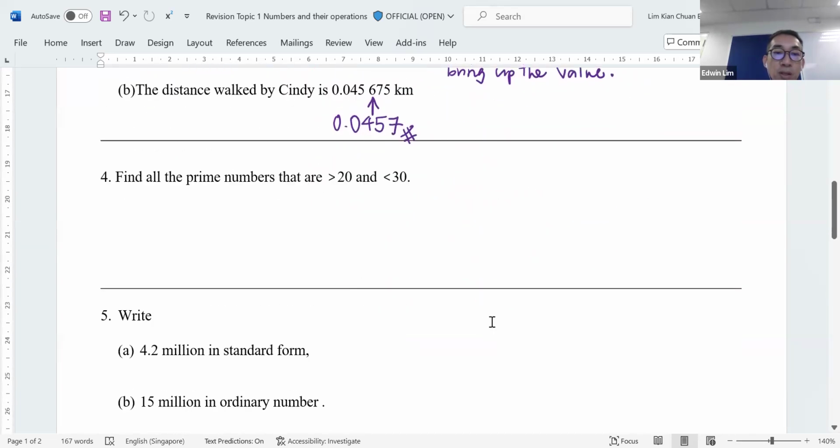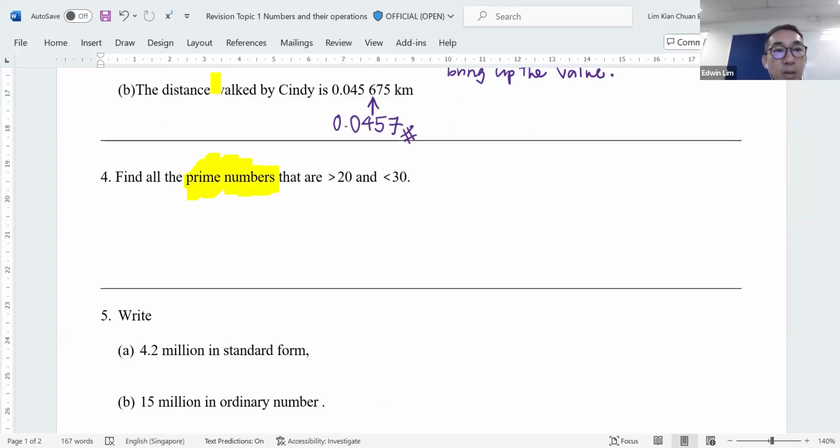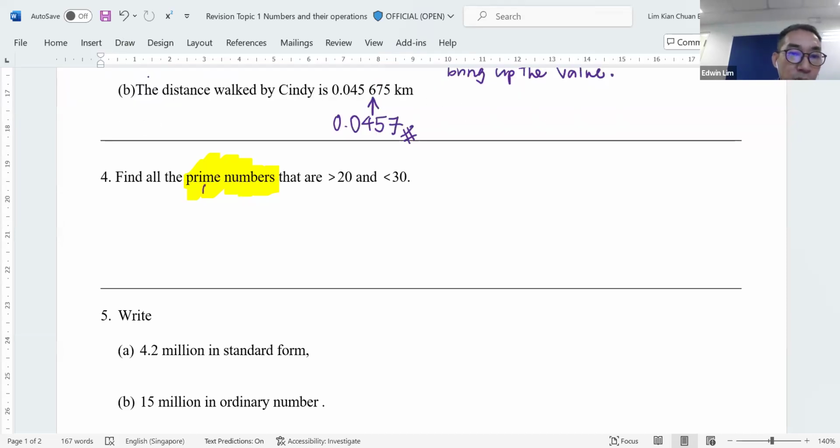Hope I'm not going too fast. Find all the prime numbers that are greater than 20 and smaller than 30. Prime numbers. Can you still remember what's a prime number? Prime numbers have only 2 factors.